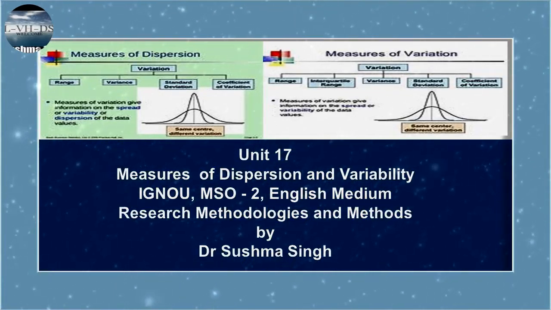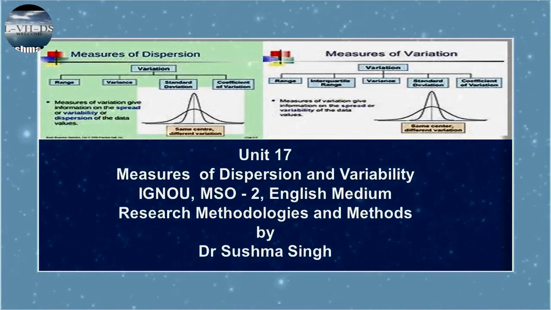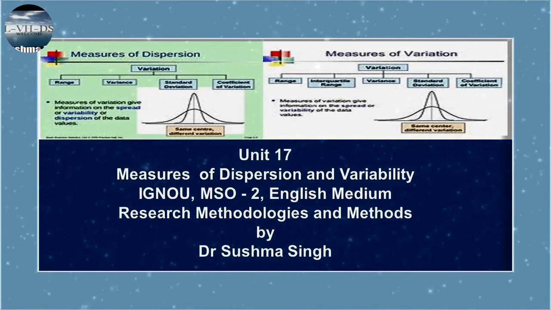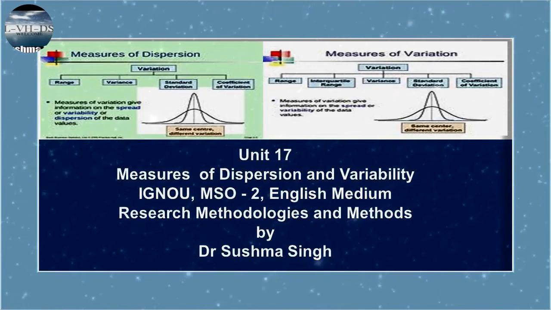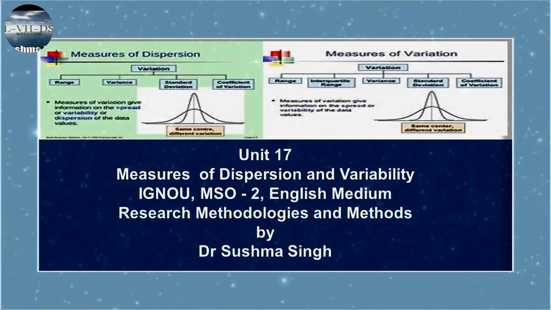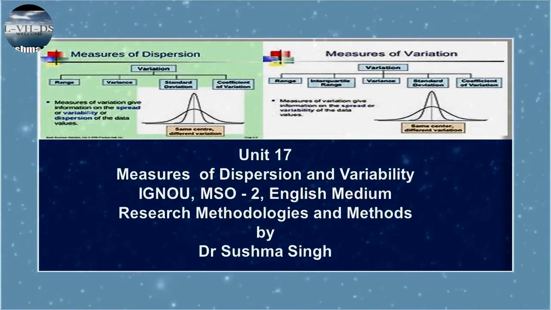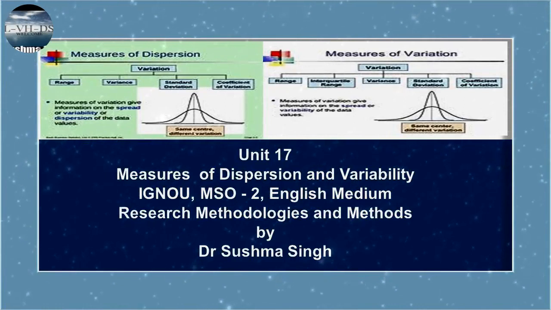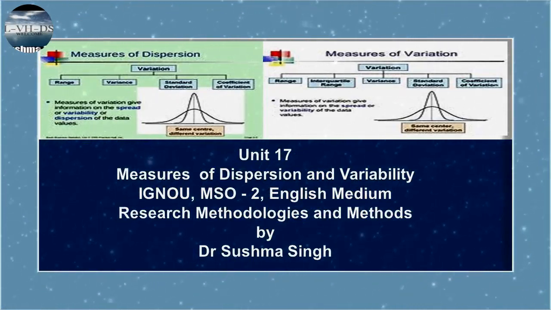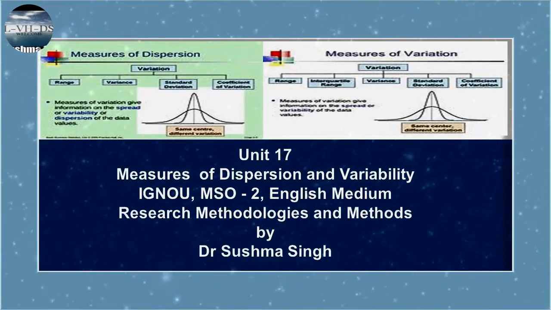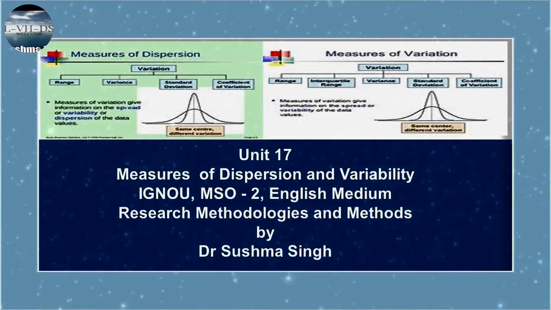The next is the mean deviation. It is clear that no information is provided by the range about the distribution of the measurements in the middle. Since the mean is so useful as a measure of central tendency, one might express dispersion in terms of deviations from the mean. The sum of all deviations from the mean will always be zero.